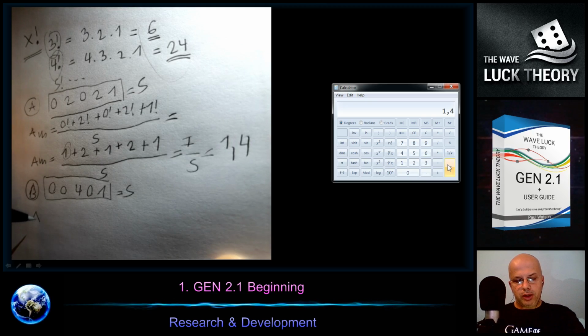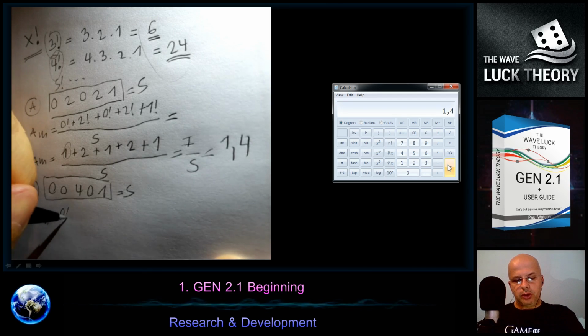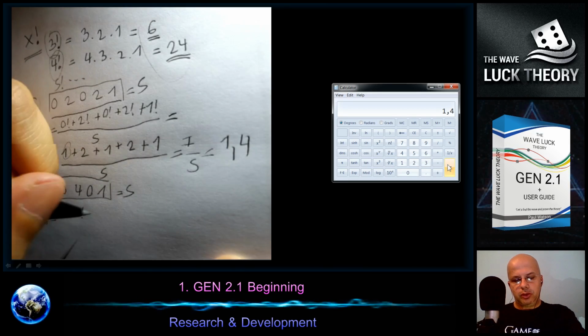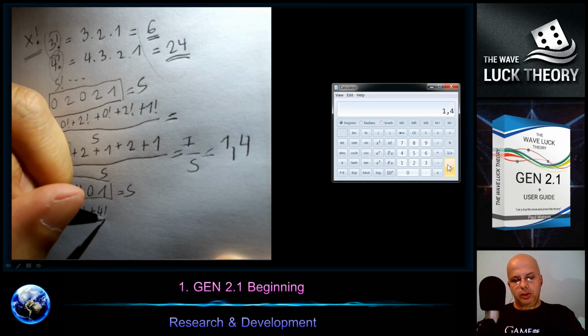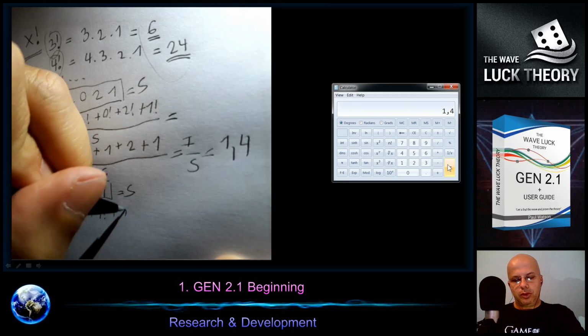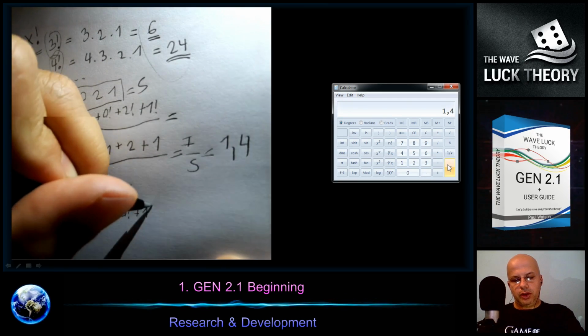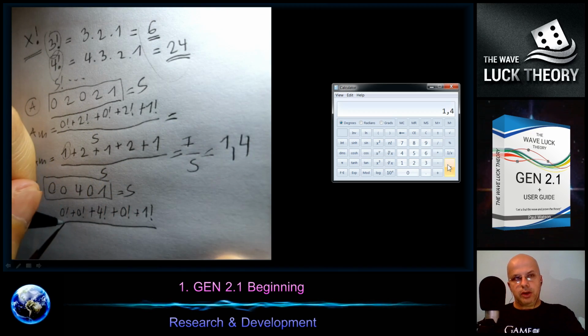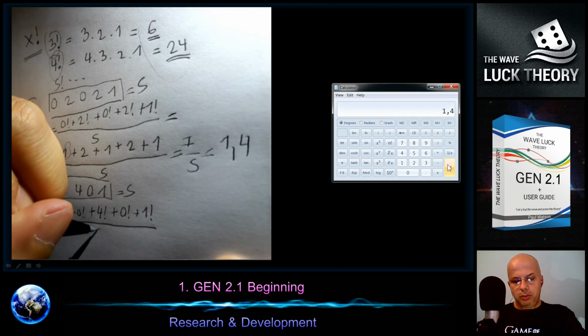And let me write it here. AM is 0 factorial plus 0 factorial plus 4 factorial plus 0 factorial plus 1 factorial divided by 5.